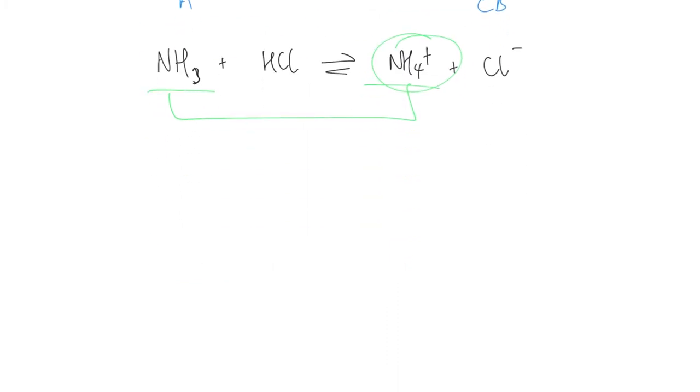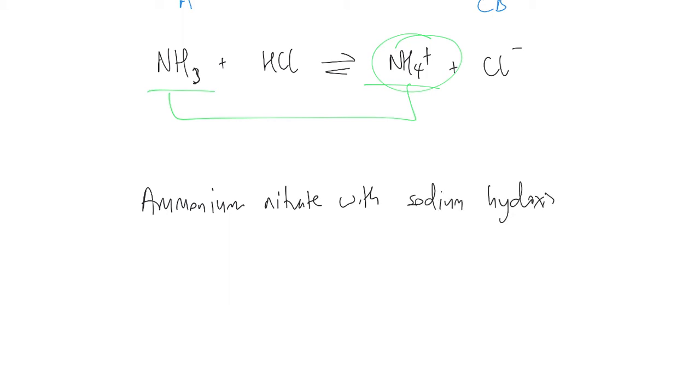I wanted to make sure that you understand that if I put some ammonium nitrate with sodium hydroxide, what will be the reaction? What will be the products produced from there? First of all, what's the formula for ammonium nitrate? Not sure? Okay, what's the formula for ammonium? NH4 plus. And what's the formula for nitrate?